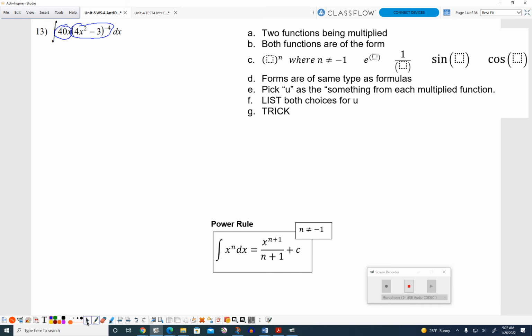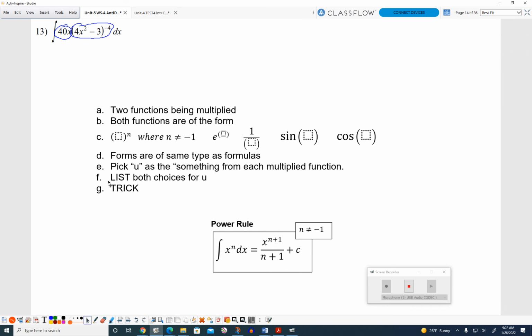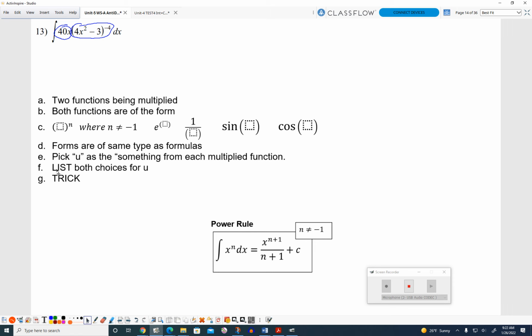Okay, look at my little notes here. The 40, ignore the 40, that's going to factor out. So we have x, that means we have something to a number. So in the first multiplying function, hands up, what is the something?